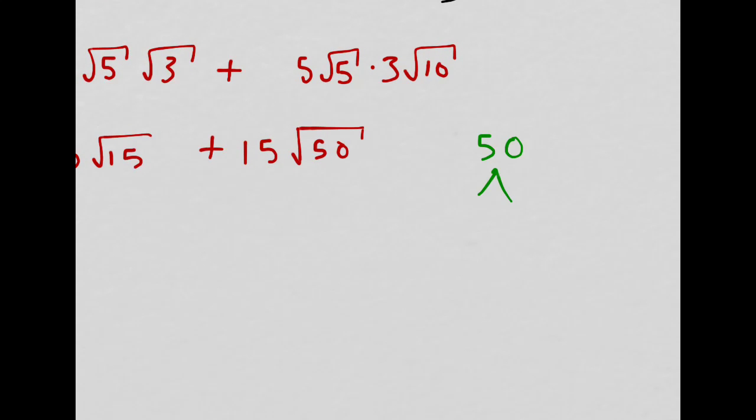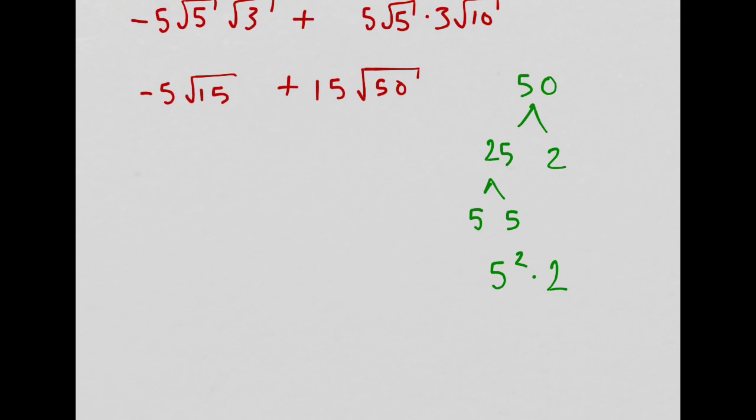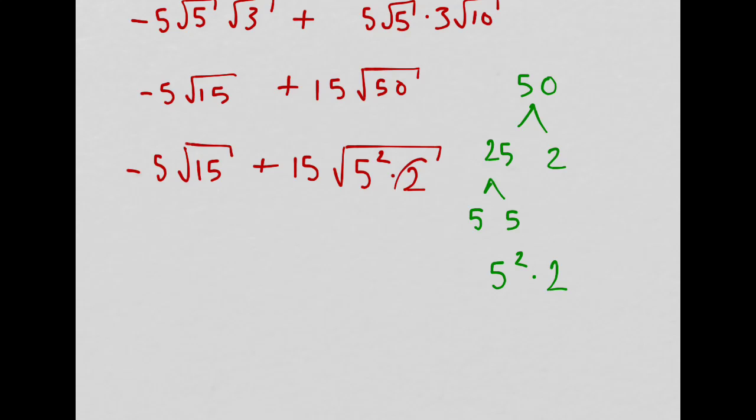50 is 25 times 2. Well, 25 is 5 times 5. So we have 5 squared times 2. So really, we can break this down. Well, not the first one. We can't break down the first one. But then we have 15 on the outside and the square root of 5 squared times 2. This is going to be left over on the inside, and that will cancel out, and the 5 comes out.